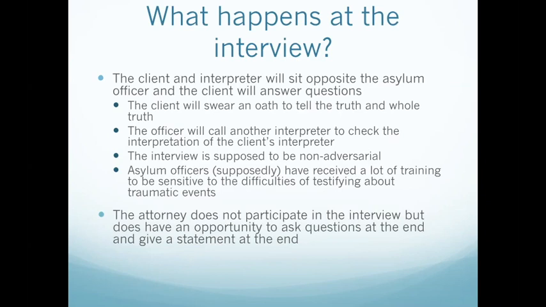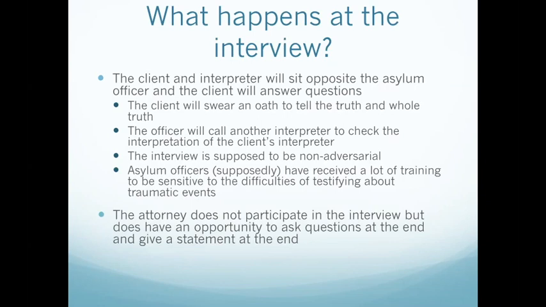And in general, in my experience, they are non-adversarial, and the asylum officers want the applicants to be comfortable, to feel like they can talk about what happened to them. They don't want them to be too stressed out, because then they're not going to testify well.